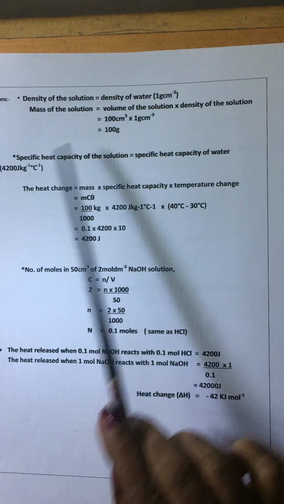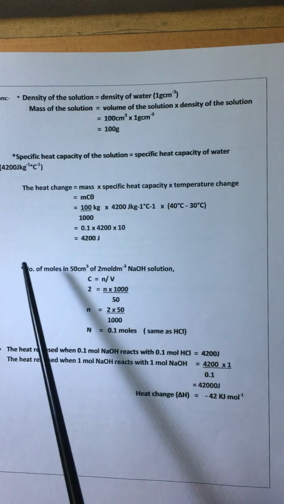Next, you are going to calculate the heat change. The equation is mc theta. You will study that in chapter 9 also. The heat change is mc theta. M is the mass of the solution. C is the specific heat capacity. That means each substance has a heat capacity.